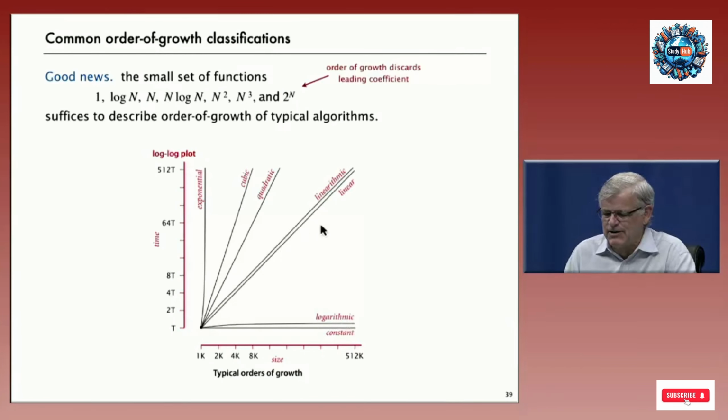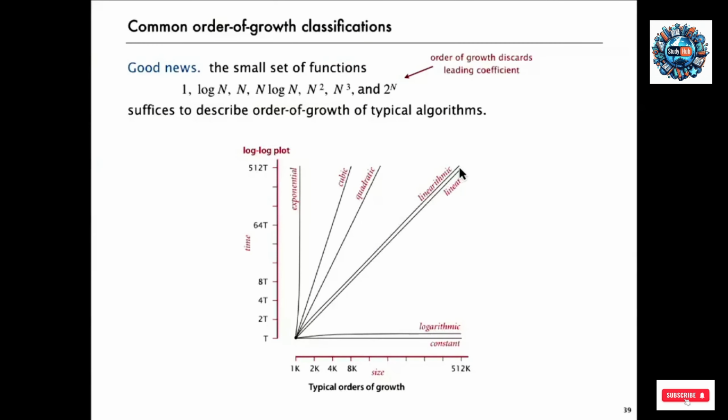If it's linear, if its order of growth is proportional to n, then as the size increases, the running time increases correspondingly. And the same is almost true if it's n log n. So those are the algorithms that we strive for. They scale with the input size. As the input grows, so grows the running time, and that's a reasonable situation to be in.